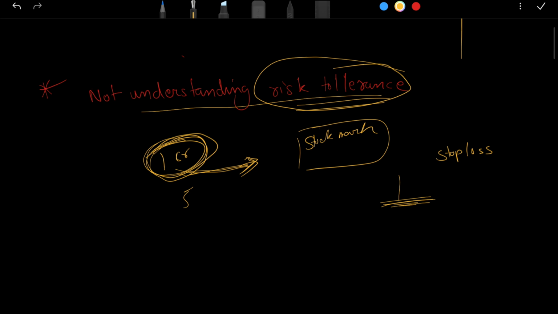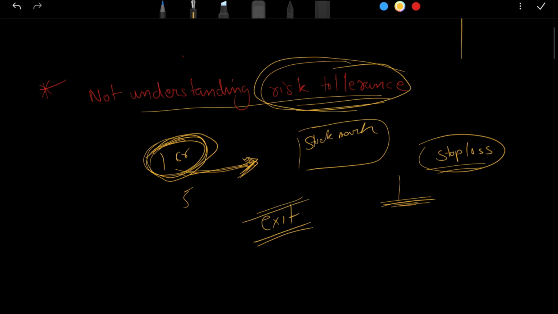I mean, you can take a bet, but you should have a stop loss, like how much money you are ready to lose in the worst case scenario, right? आपने जैसा इन्वेस्ट किया अगर वो वैसा नहीं परफॉर्म हो रहा है तो यू शुड एग्जिट देर, राइट? So that is your risk tolerance. As I told you, it depends person to person.